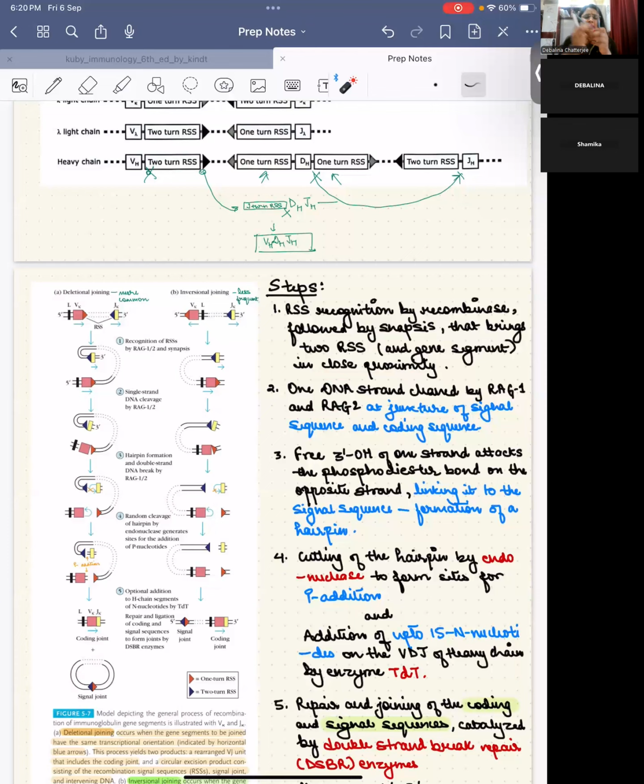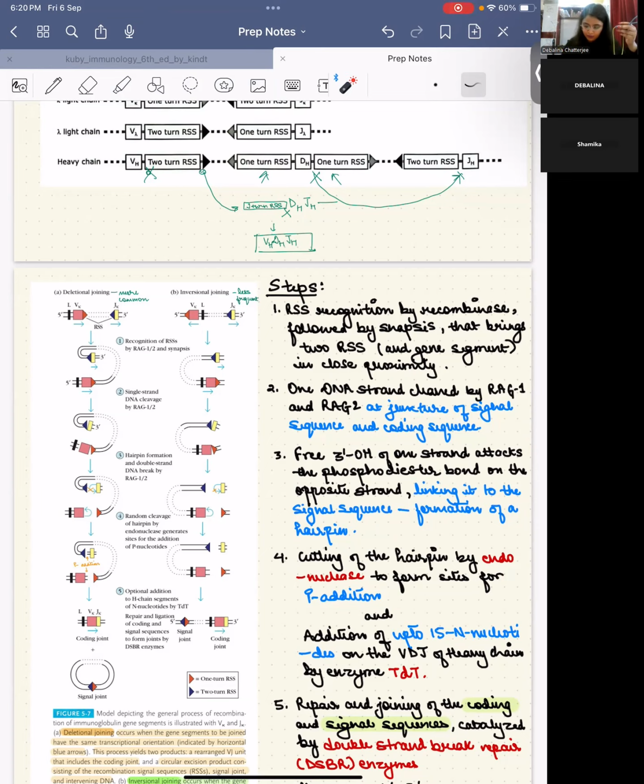So just as we saw, at these two junctures, this is your signal sequence, so this is the juncture of your coding and signal sequence. At this point, at first, only one of the strands is cleaved. So once this is cleaved, this is going to create a free end. So we will have, I cannot break this now, but we will have a 3' OH for one, and on the other we have a phosphate group.